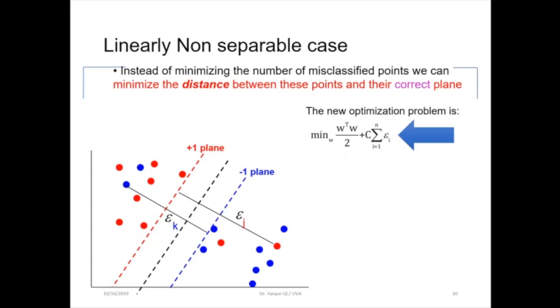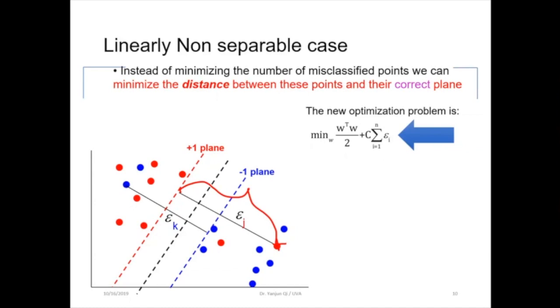For example, for this red point, this is epsilon j. The error it contributes is the distance from the point to the +1 plane, because it's supposed to be on the left side but it's on the right side.